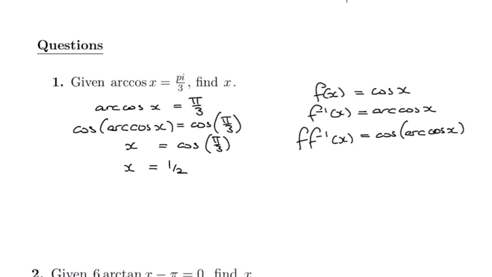And if you remember from our work on functions, f to the -1 of x is x. So in other words, cos arc cos of x equals x. So they cancel each other out. And that's the reason it works.